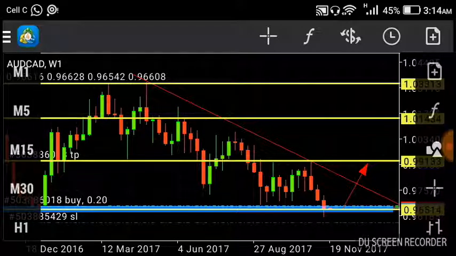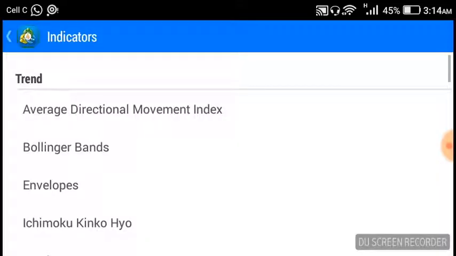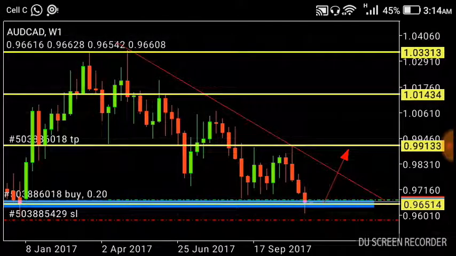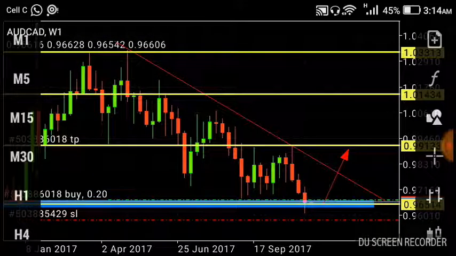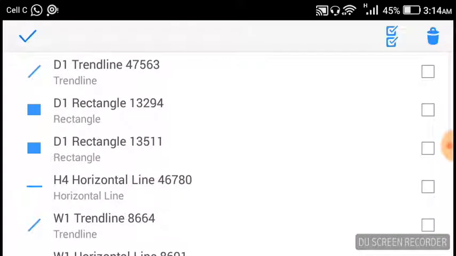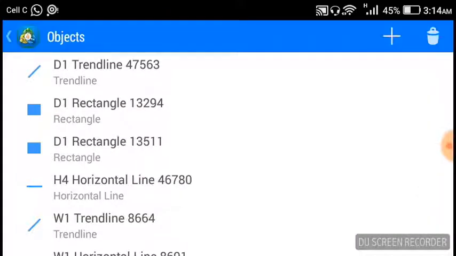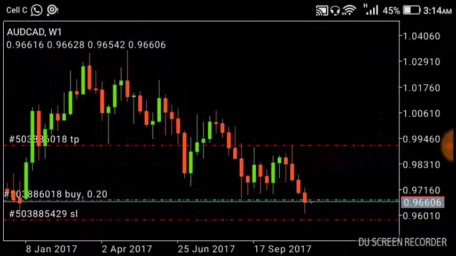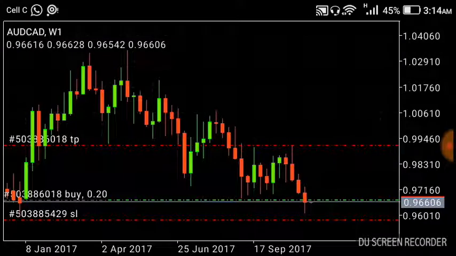For those of you who are familiar with support and resistance, these few things are quite important. I'm just going to remove everything so that I can take it step by step with you guys.